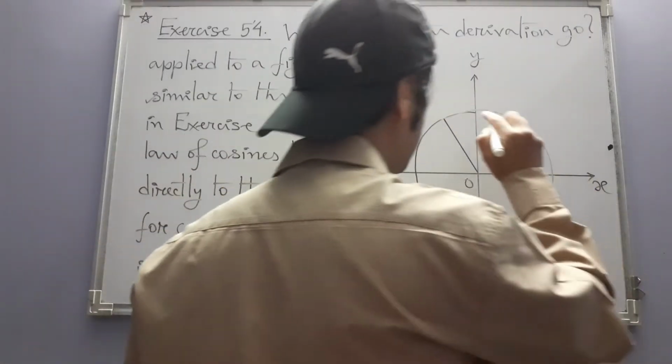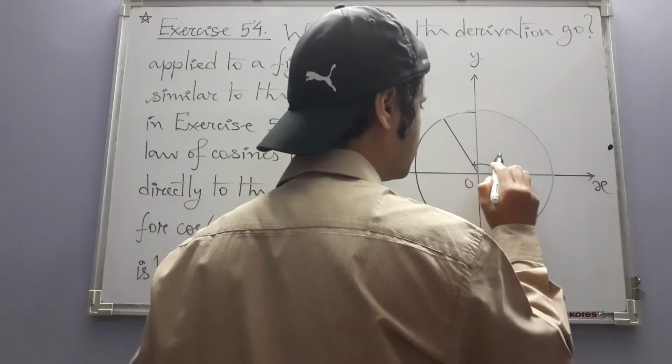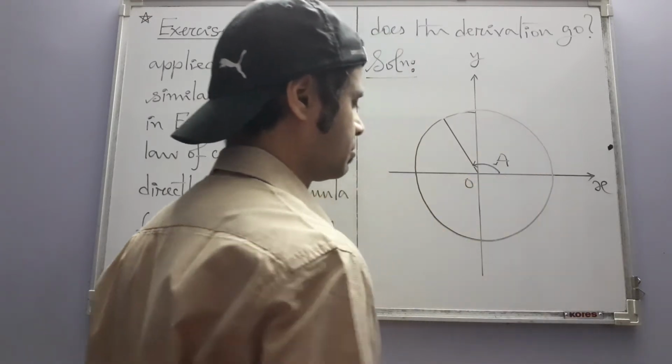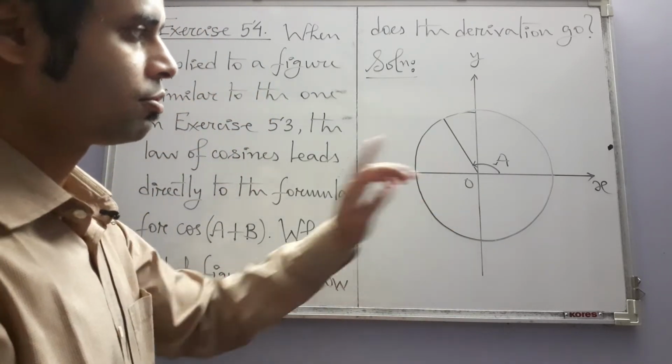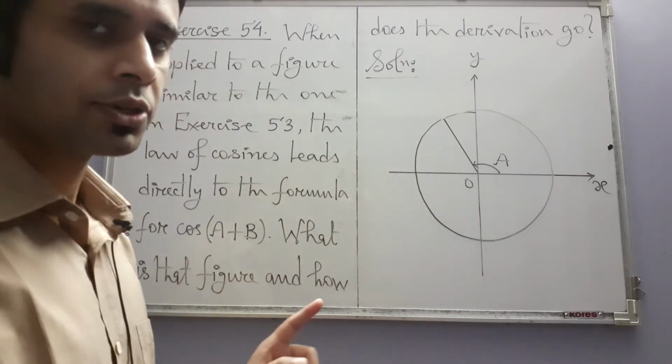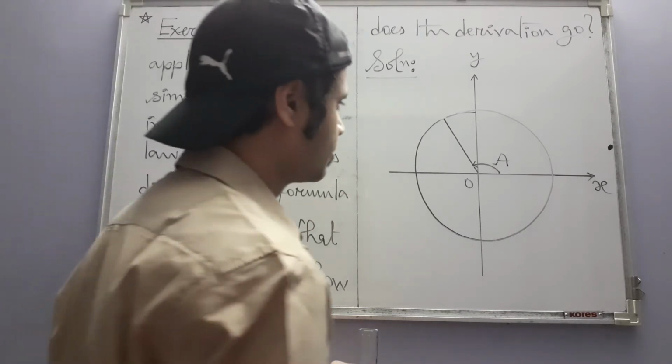Okay, so say this is our angle A. So already we are assuming something. Note that we are assuming that A is positive. A may be negative also. A can be anything.